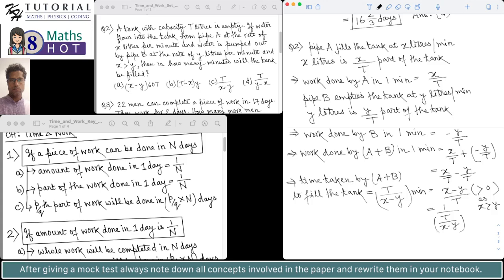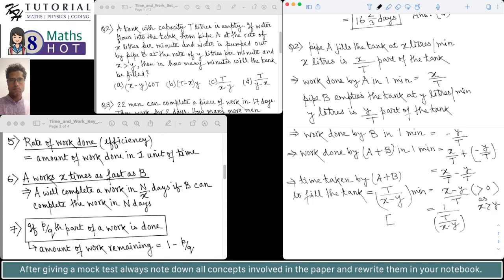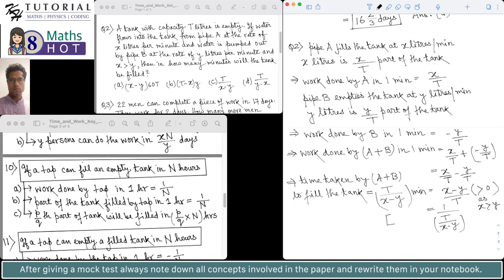Now the concept applied here was regarding pipes and tank. If a tap can fill an empty tank in n hours, then work done by the tap in 1 hour is 1 by n.